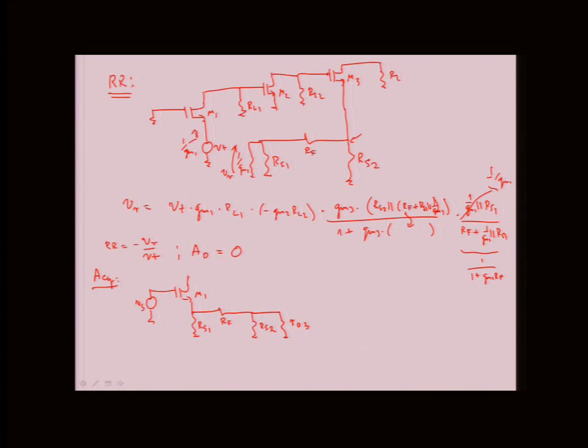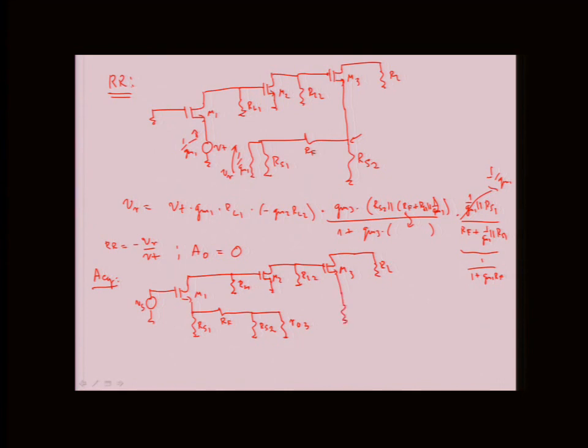Okay. And then we have RL1. M2, that's our standard path, RL2. Then we have M3. That goes out into the load, but now we have to figure out what network loads RS2, right? Or M3.